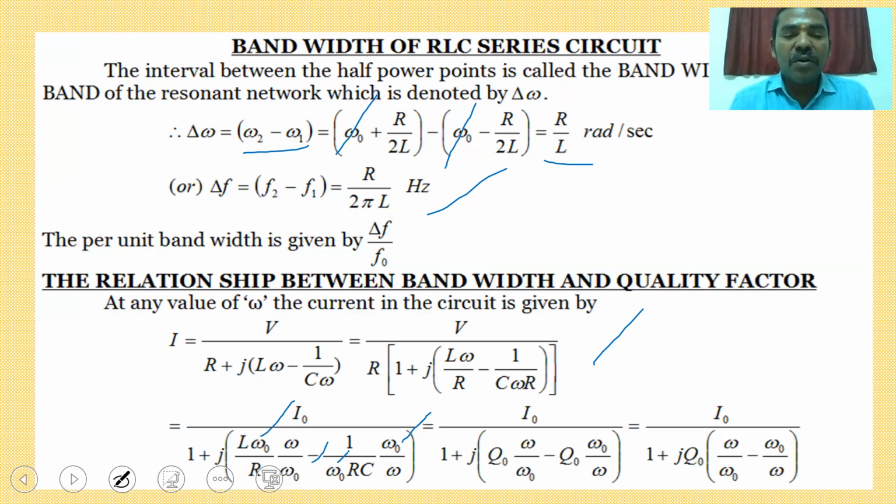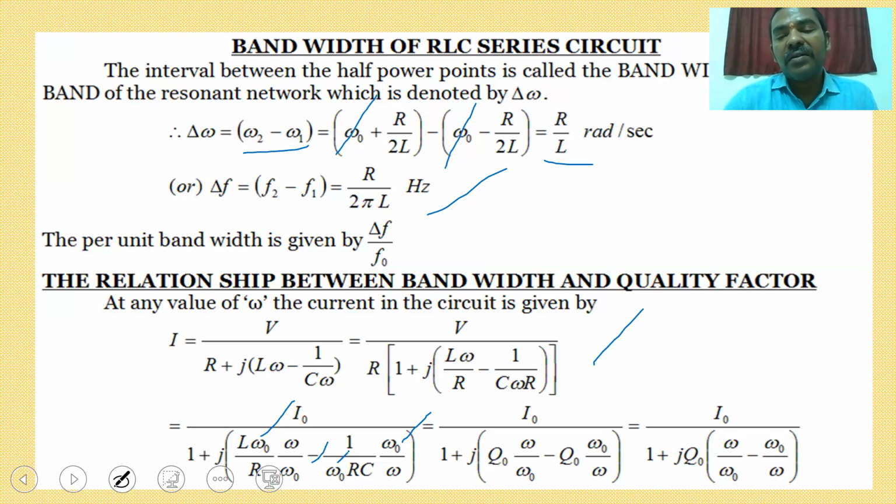So that is equal to I naught divided by 1 plus j times of Q naught, where Q naught is L omega naught by R, into (omega by omega naught minus 1 by omega naught RC), which is again Q naught into omega naught by omega.